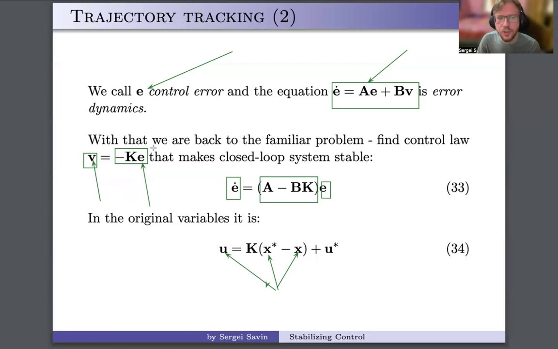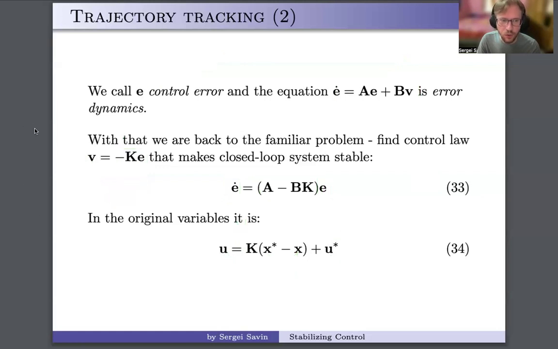Yeah. So you multiply by minus 1 and put u star to the right-hand side. That's how you get rid of this minus here, and you get this additional term. Now, this form is what we would call feedback control, and this is what we would call feed-forward control, right?